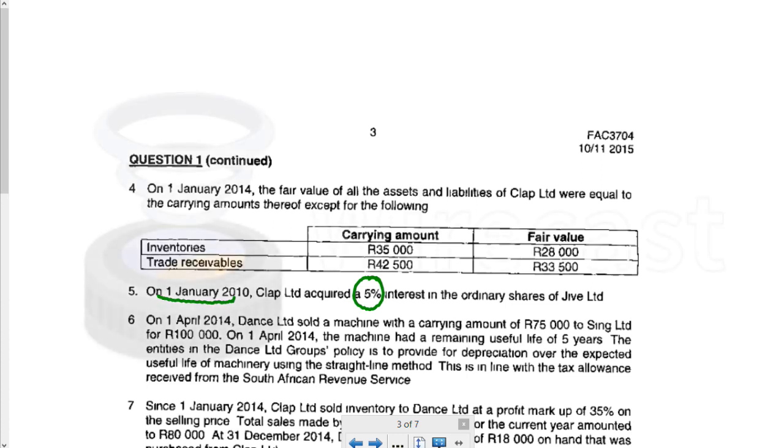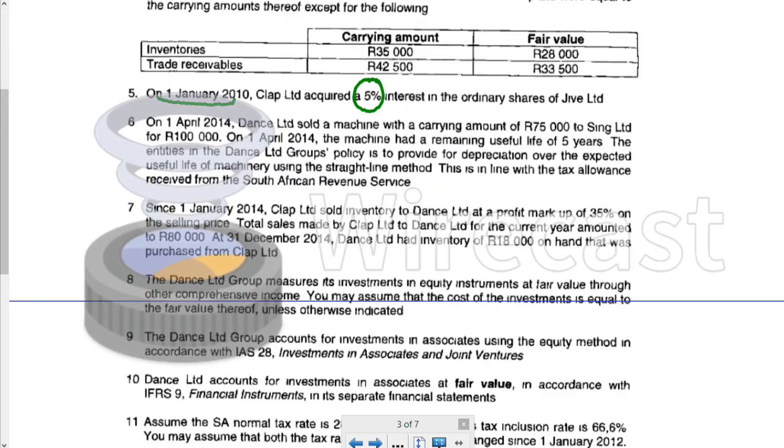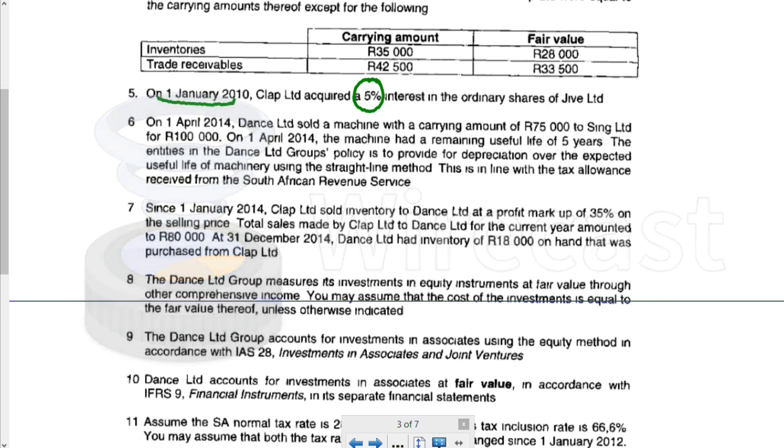Then Dance sold a machine to Sing and Clap sold inventory to Dance. They measure equity investments at fair value through OCI. You may assume cost is equal to fair value unless otherwise indicated. They account for investments in associates at fair value.